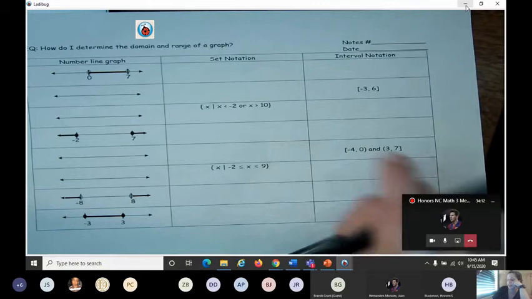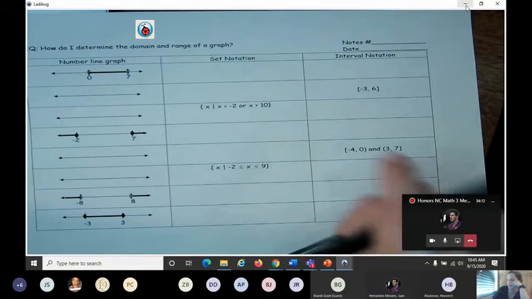So this is the interval notation for this particular interval on the number line. What questions do you guys have about that? Okay, if there are no questions, we're going to go ahead and talk about set notation for this particular interval.